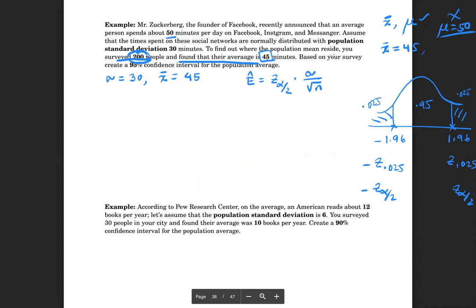Now we are going to plug in these numbers. 1.96 times sigma, which is 30, divided by the square root of the sample size, which is 200. So 1.96 times 30, divided by the square root of 200, gives me 4.15, E hat.